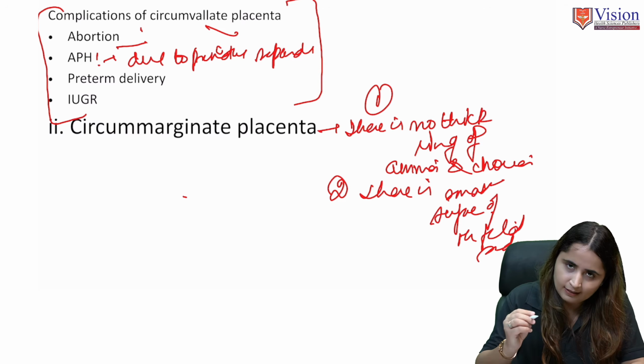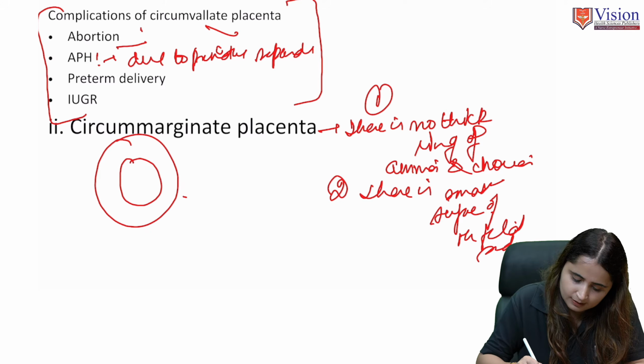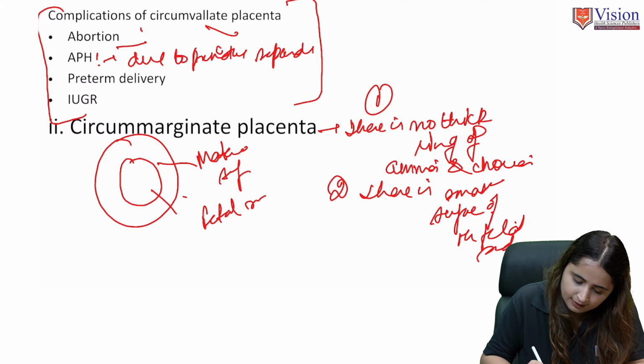So simply, see, I'll teach you like this. See, this is a maternal surface and this is our fetal surface, and in circummarginate, this surface is smooth.